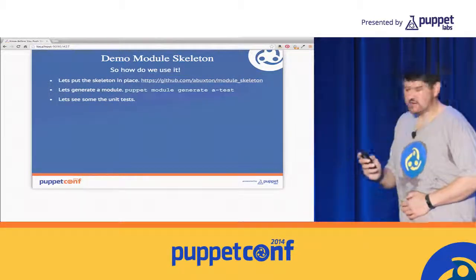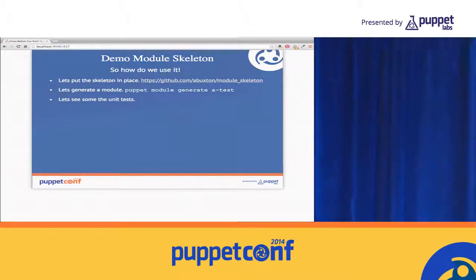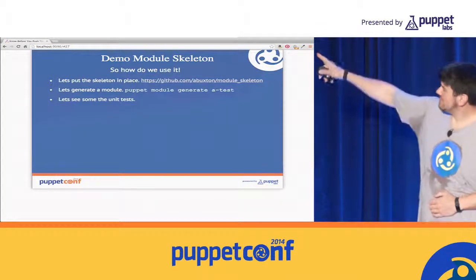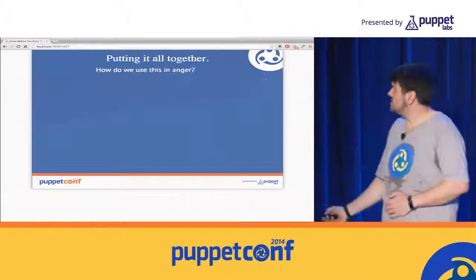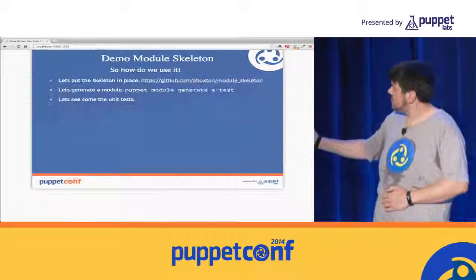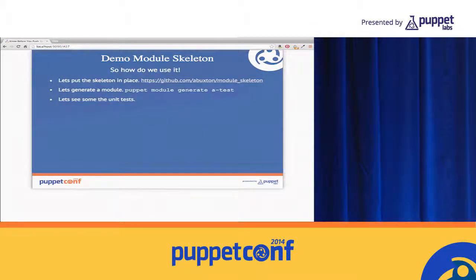So let's have a look at that, because I like it. It's a good thing. Oh, that slide hasn't. Okay. So there is my GitHub module skeleton, and there is Gareth R's blog when I get to it. He's actually got a full blog piece on it, which is worth following through for how to put the module skeleton in place.